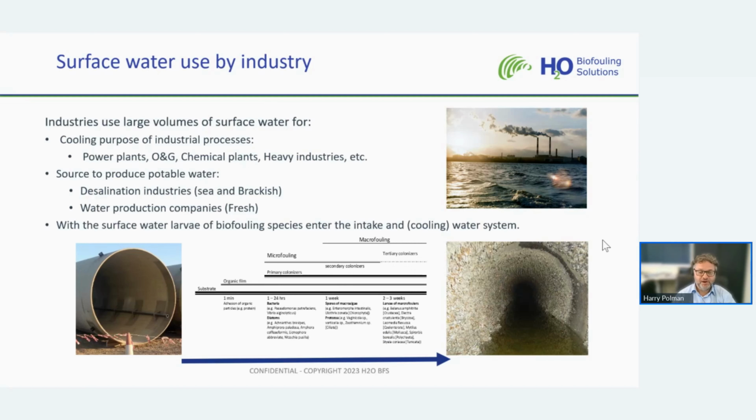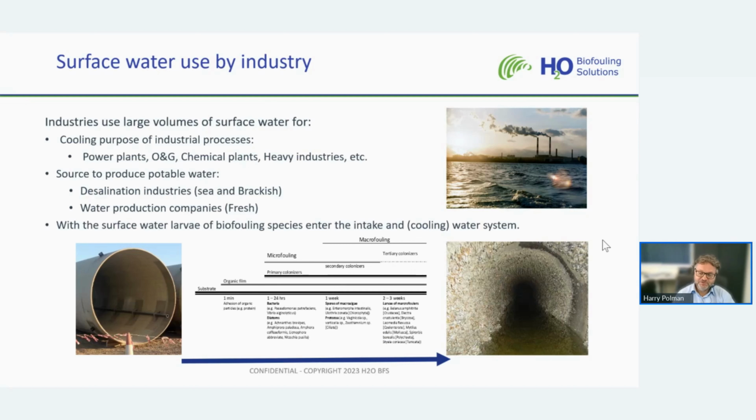If you immerse the pipe in, for example, seawater, after 1 minute, there is already an adhesion of organic particles, which allow bacteria to settle and attach to the surface. This usually goes within 1 day. When there is macrofouling larvae, for example, of mussels or oyster species available in the water, in a period of about 2 weeks after the pipe was submerged in the water, these animals are capable of attaching to the surface and growing.